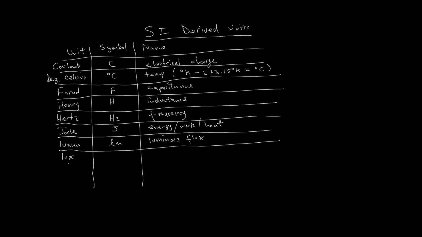We have another one, lux, Lx, and this is to do with illuminance. Now, illuminance is how brightly a surface is illuminated. Okay, so if you shine a torch on a white table, it's going to show up brighter than if you did it on a dark table. Okay, so how much light is retained by that particular surface?